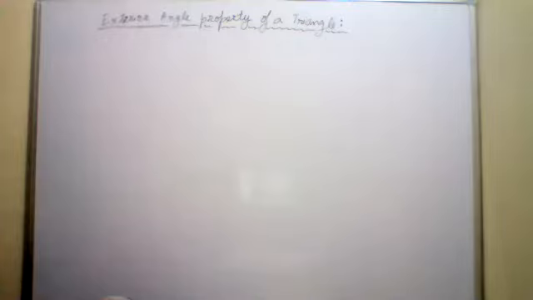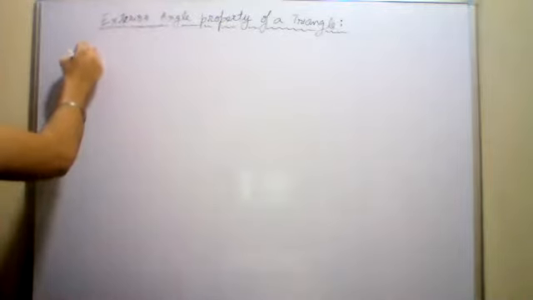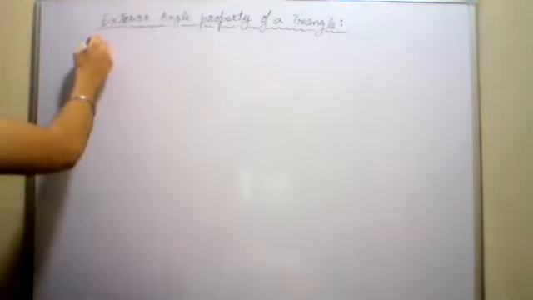Okay. So what is exterior angle property? I am going to write down a statement. You have to note down this statement in your copies, everyone. All of you, be ready. This is also given in your books.